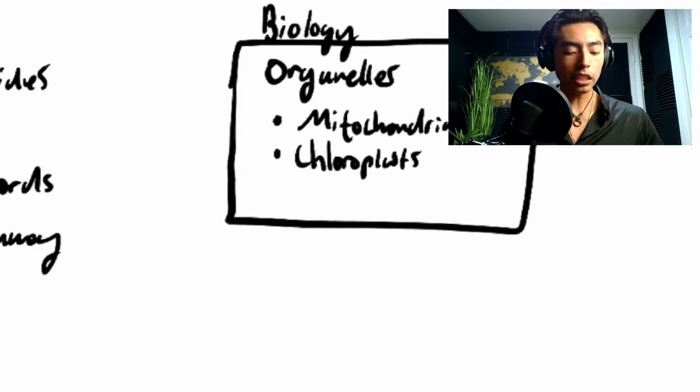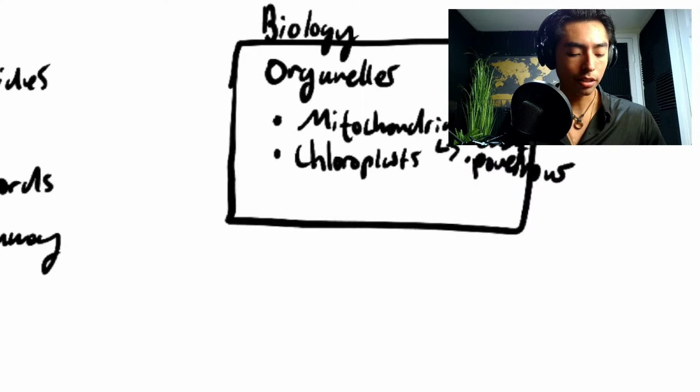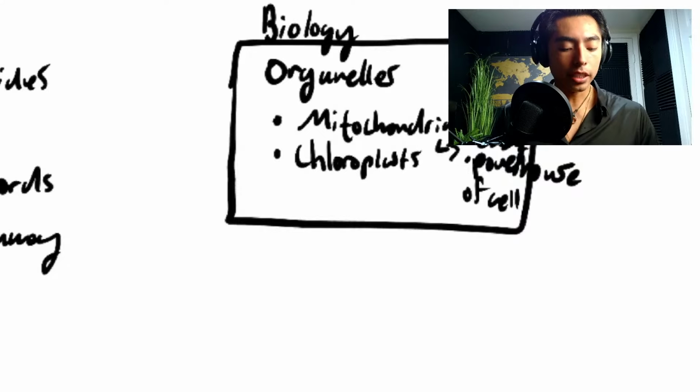Okay. So in this example, let's say there are two other bullet points here, right? You have energy and, honestly, that's pretty much it, right? It's the powerhouse of the cell. So let's just say that it said powerhouse of cell.